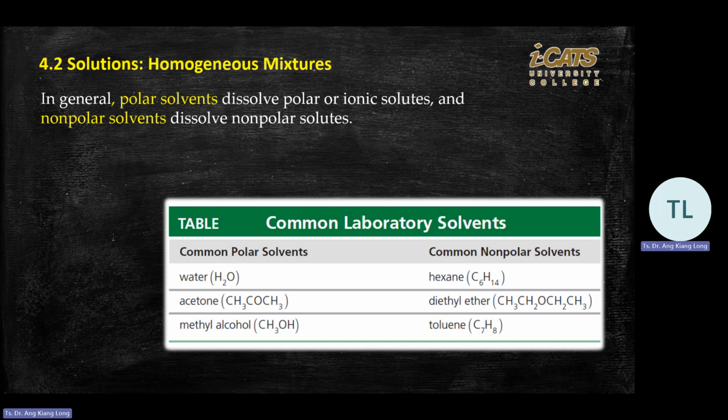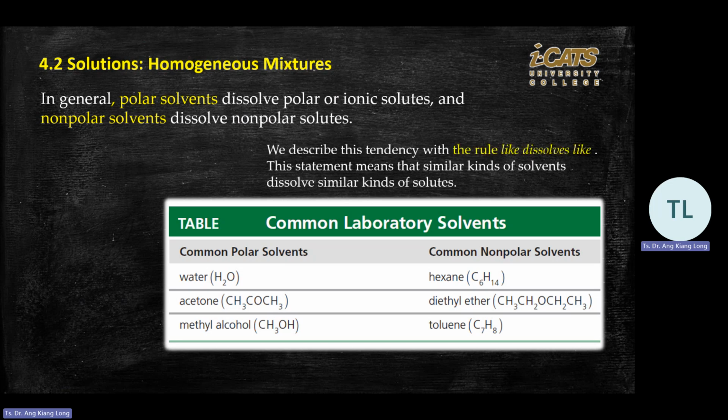For example, in the left column, all these polar compounds can dissolve each other. Water can dissolve in acetone, and can be absorbed in alcohol. Non-polar solvents can dissolve each other. Hexane can mix with toluene, hexane can mix with diethyl ether, for example.